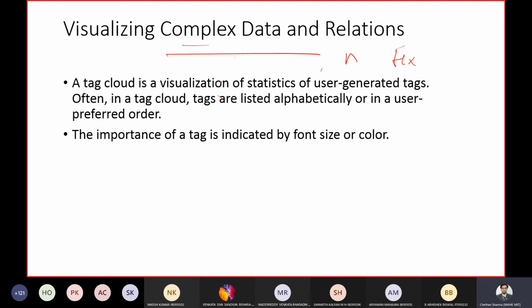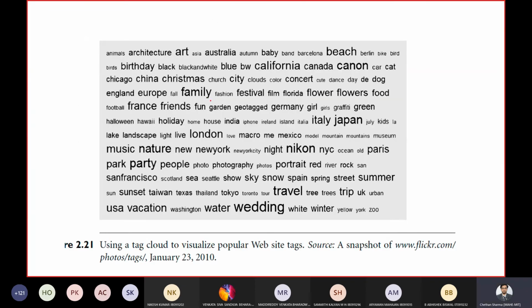So there are many visualization techniques dedicated to these kinds of data, and one such technique is called a tag cloud. I think this is one example, a tag cloud. It's a visualization of statistics, or basically user-generated tags.